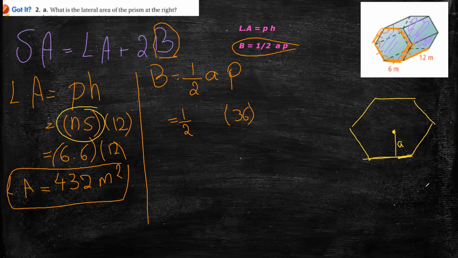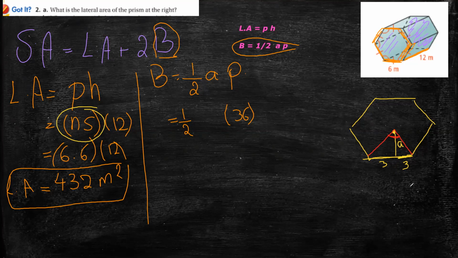Let's see. This is the apothem now. Here now it's 6. So if it is like the bisector, it cuts them into 2 equal sides. Then we connect them to make a triangle, and we need to find the central angle.